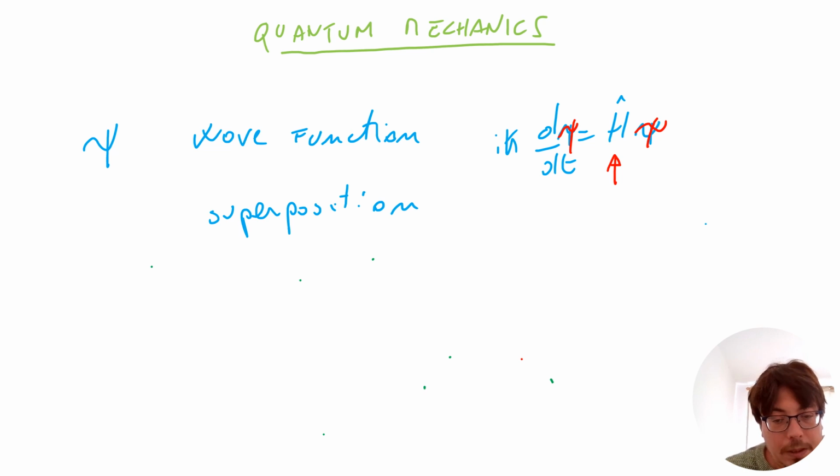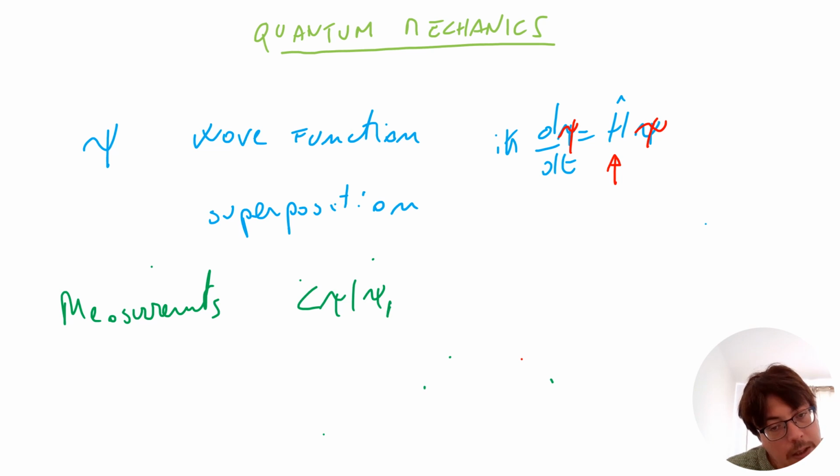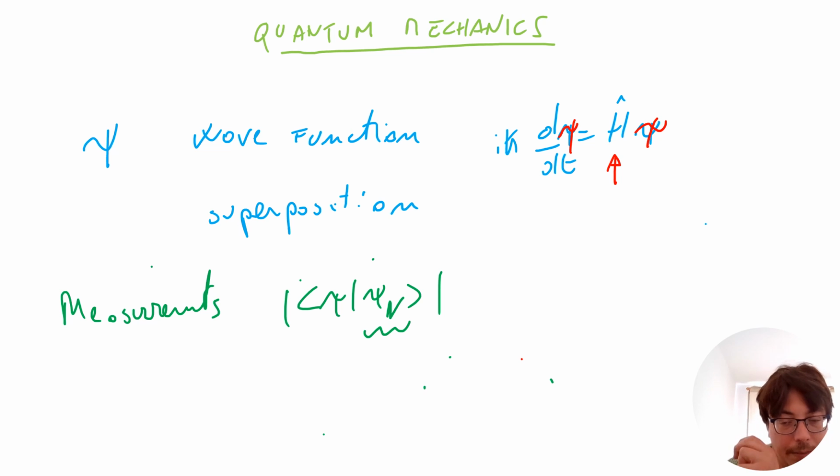I just touched a bit on measurement, because I said that you basically do the scalar product of your system with a subset of what you need, which is expressed by your measurement. I can be more precise on this, but at the moment we just need to know that a measurement basically selects a part of your wave function, okay? Projecting some subset of your wave function and taking the modulus square.